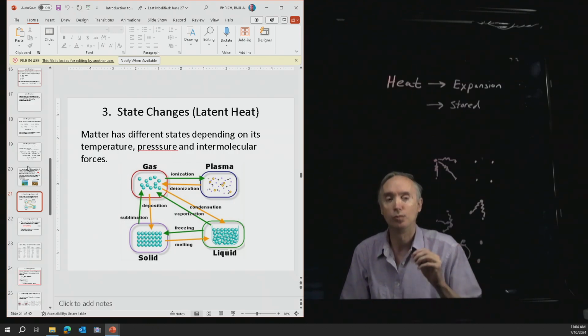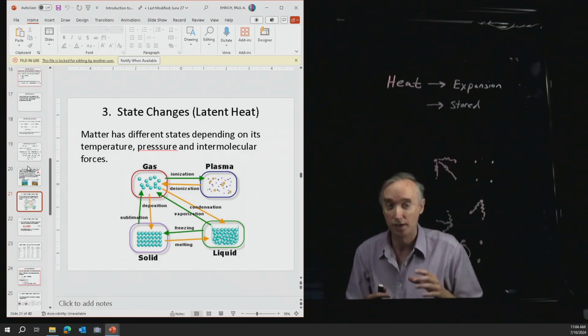So we've been discussing here that temperature will affect the state or the phase of the material. So I'm going to use those two words interchangeably, the state of the material or the phase of the material. And as we increase the temperature, it's going to change the state of the material.